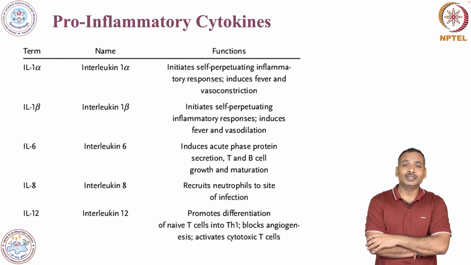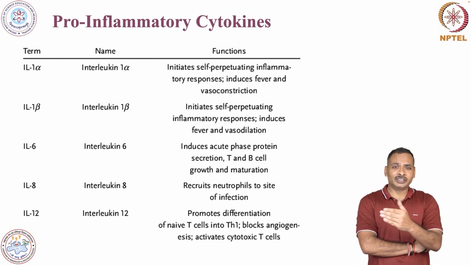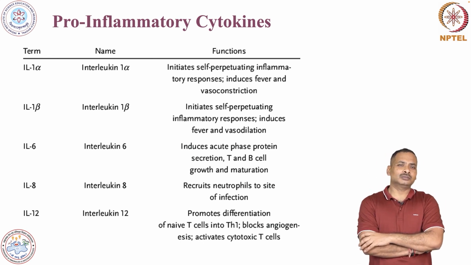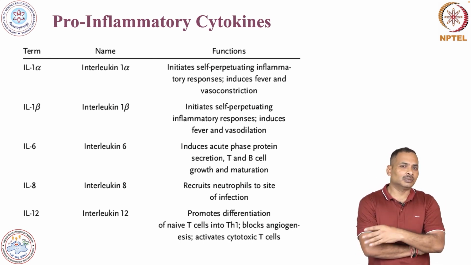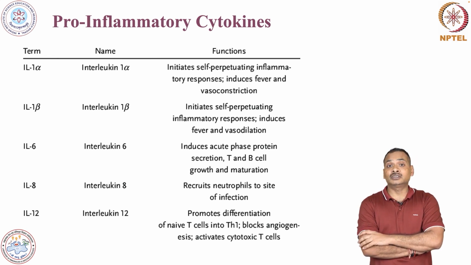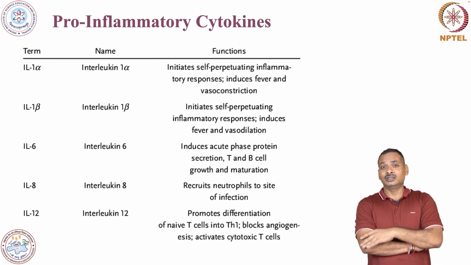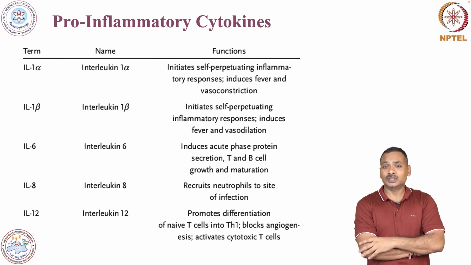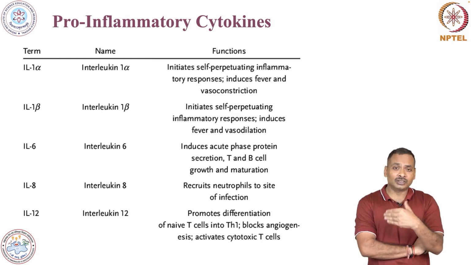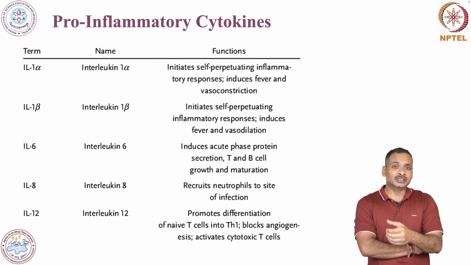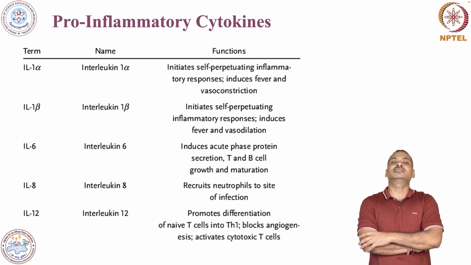So, here I would like to say that some of these inflammatory mediators, for example, IL-1 beta, are very tightly regulated. The production of their functional form in the cell is very tightly regulated.